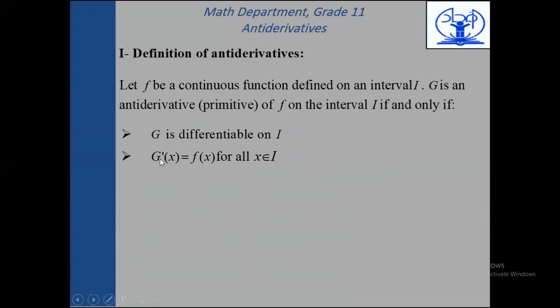So a function whose derivative is small f of x is said to be an antiderivative of small f of x. Consequently, f is an antiderivative of f prime because f prime is the derivative of f. It's similar when you say that this is the father of that, then this will be the son of that if you're talking conversely.